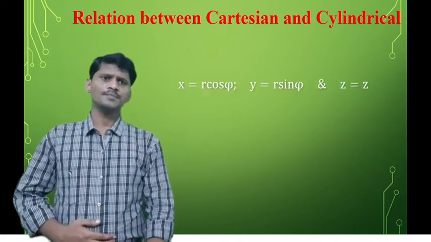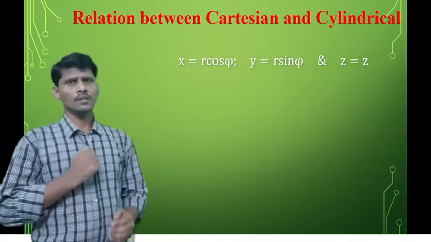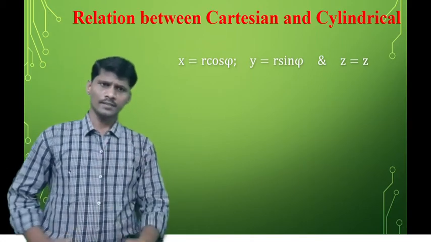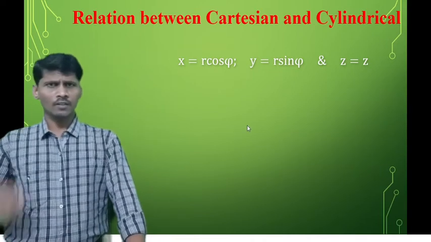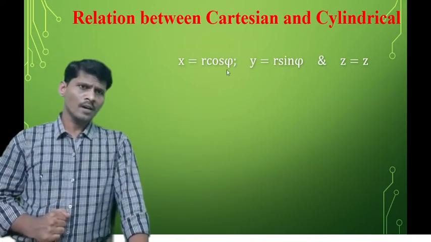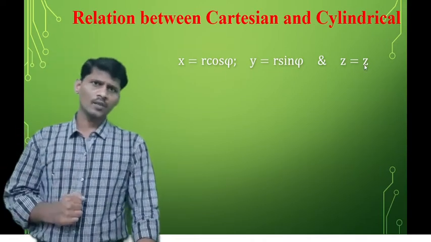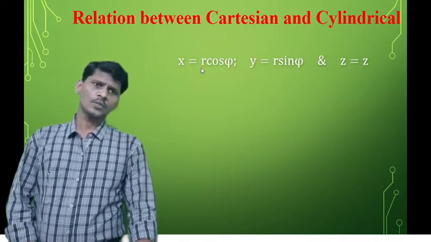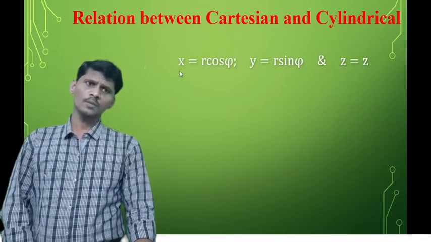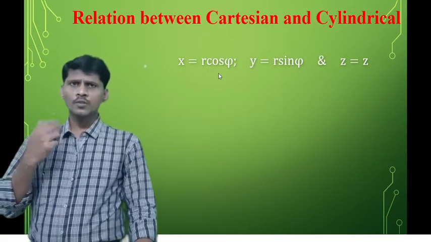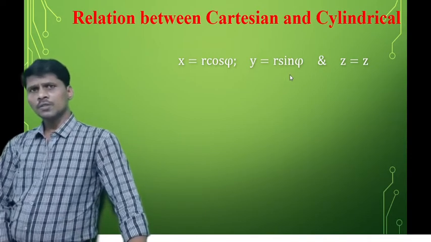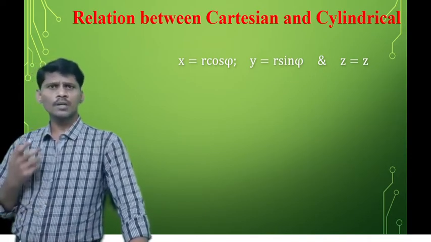We know that x is equal to r cos phi, y is equal to r sin phi, z is equal to z. x, y, z are Cartesian coordinate variables. r, phi, z are cylindrical coordinate variables. So from this equation, take x square, y square. x square plus y square is equal to r square cos square phi plus r square sin square phi. cos square phi plus sin square phi value is 1.